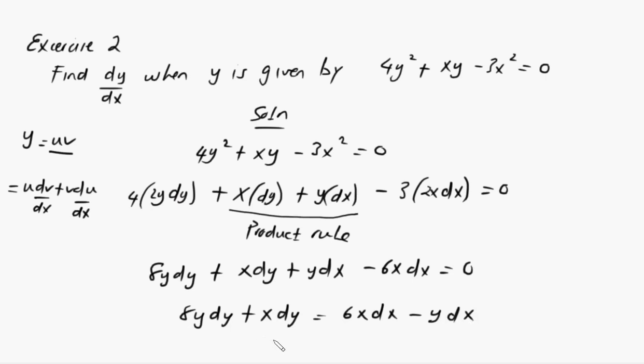So I take out dy and take out dx. On this side it will remain (8y plus x) dy, on this side it will be (6x minus y) dx. So it becomes (8y plus x) dy is equal to (6x minus y) dx.